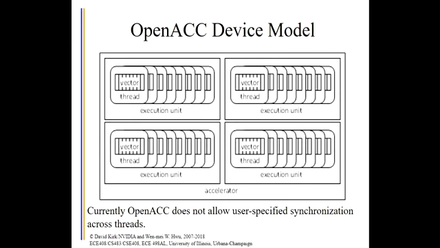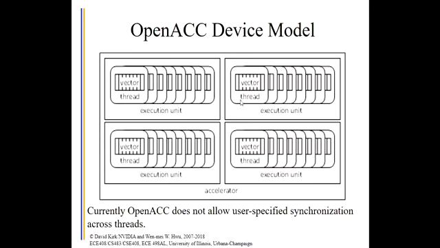In OpenACC terminology, the compiler deals with three levels of parallelism. It would have multiple execution units. These roughly map to the streaming multiprocessors in CUDA terminology. In terms of CPU terminology, these execution units map roughly to the CPU cores, okay?